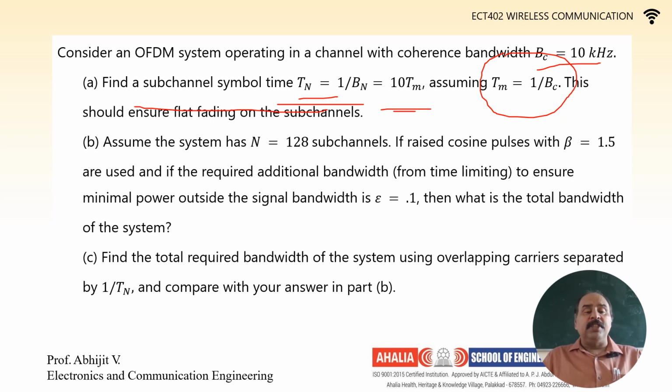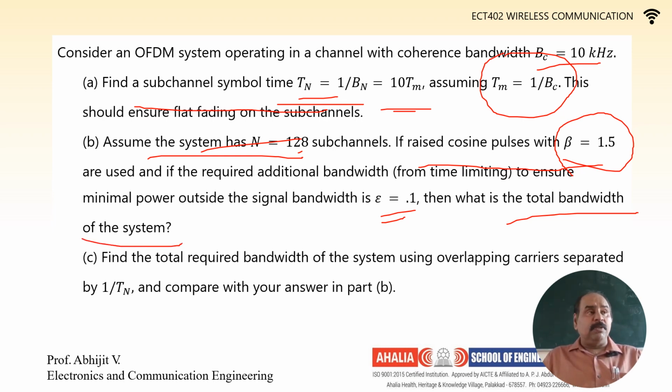Now the second question is that let us consider we have n subchannels, with n equal to 128. If we have a raised cosine pulse with beta 1.5, and the additional required bandwidth for minimal power, that is epsilon, is 0.1, then you are asked to find the total bandwidth of the system.